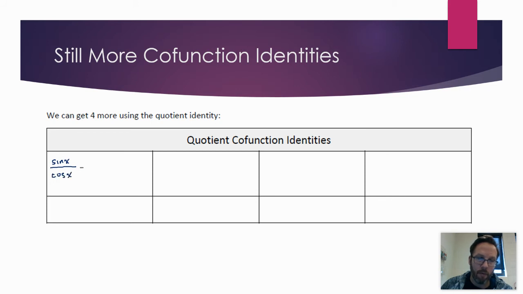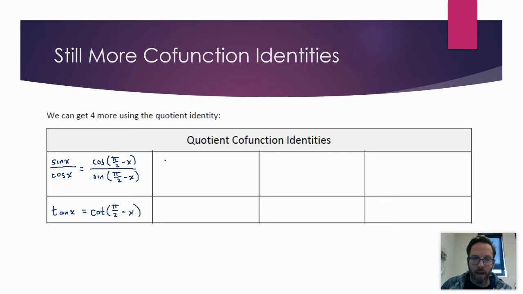Now we know from our first basic ones that the sine of x is equal to the cosine of pi by 2 minus x, and that the cosine of x is equal to the sine of pi over 2 minus x. Now, using our quotient identity, sine over cosine is equivalent to tan, and cosine over sine is equivalent to cotan pi over 2 minus x.